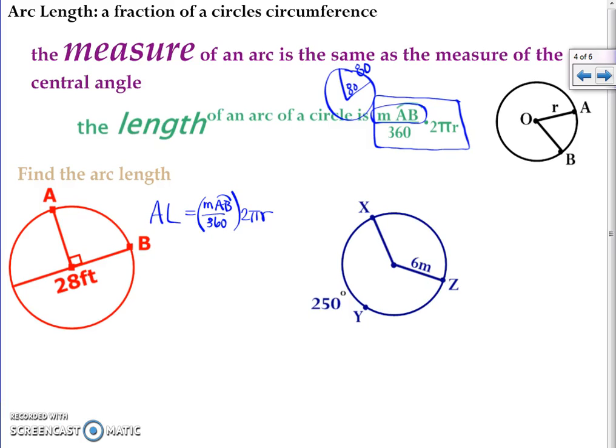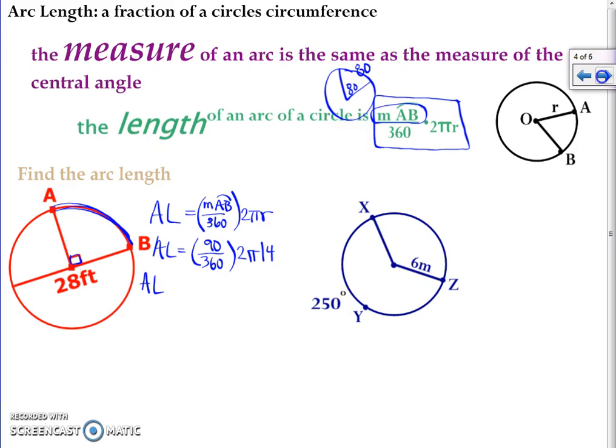Okay, so if we're looking for this arc right here, AL equals, what's going to go up here? It is a 90-degree angle at the center over 360, 2 pi 14. This is the diameter right here, 28, so we got to cut that in half.